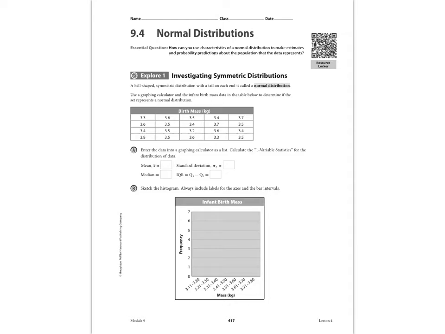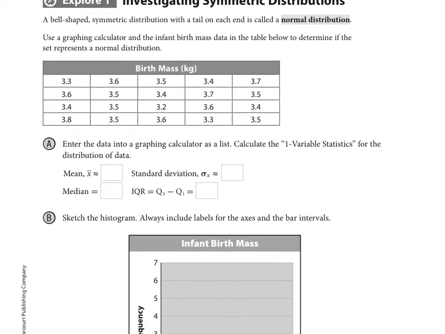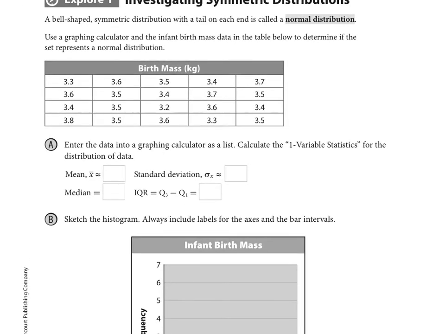I've already input all of these into my app, and I got a mean of 3.5, a median of 3.5. The IQR is about 0.2, and the standard deviation, if I round it to the nearest hundredth, is about 0.15.